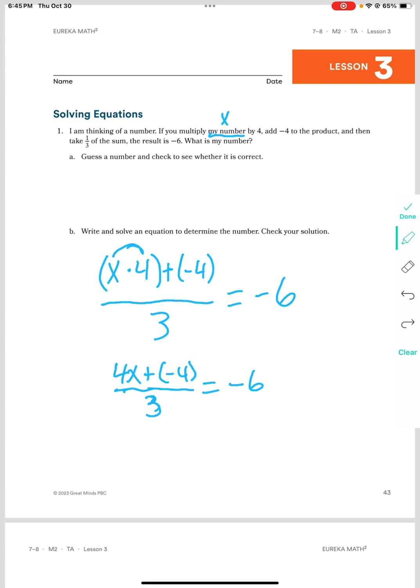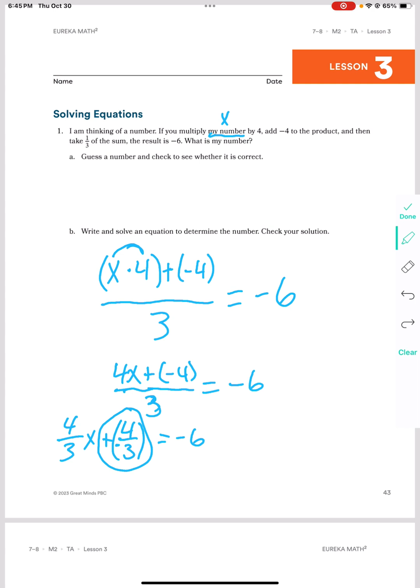Knowing that I'm doing that allows me to rewrite this equation where I have 4 divided by 3 times x, plus 4 over 3, this is negative, equaling -6. Okay, so seeing this allows me to see now that I can isolate the variable, because I would be getting rid of this first, then separating the x from the fraction.